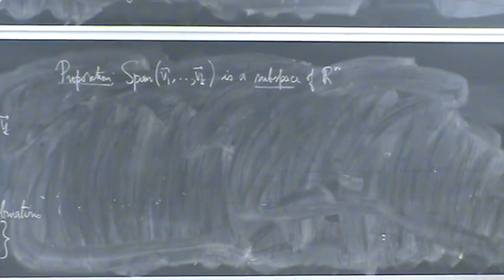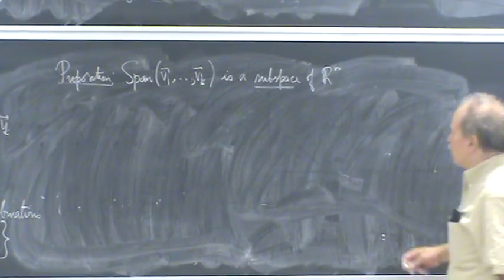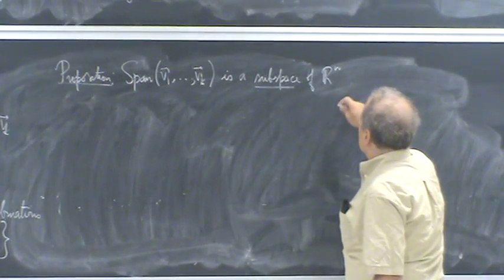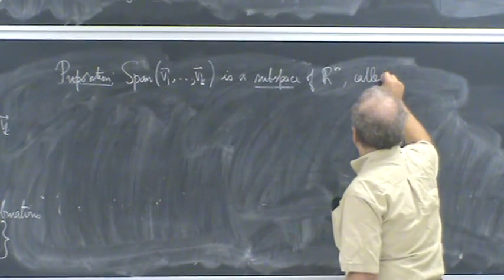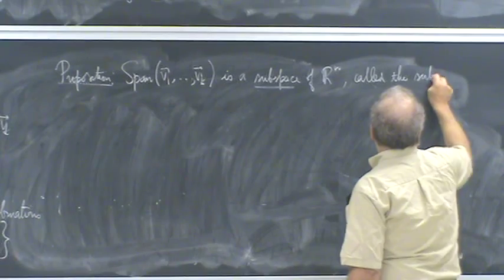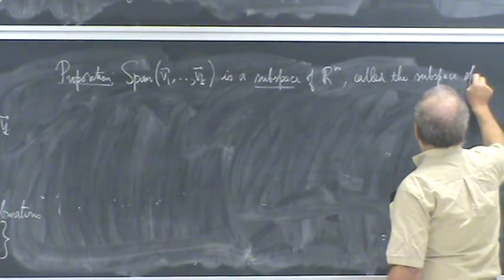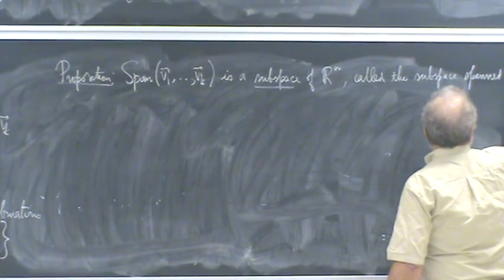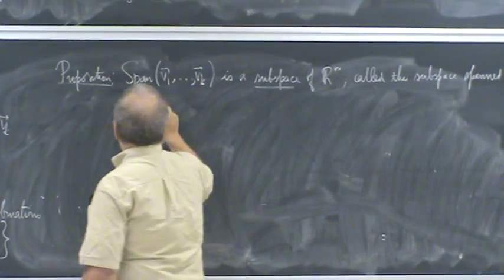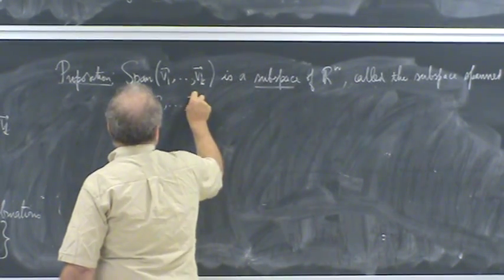We're not going to talk about dimension in any formal way until chapter 4, so I'm not going to try to keep track of dimensions at this point. And it's called the subspace spanned by V1 to Vk.